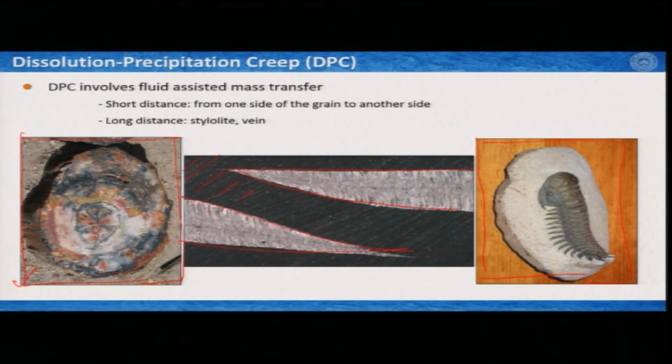These fluids diffused from the matrix and slowly filled the open space. So, these are processes of mass transfer with the assistance of fluids.